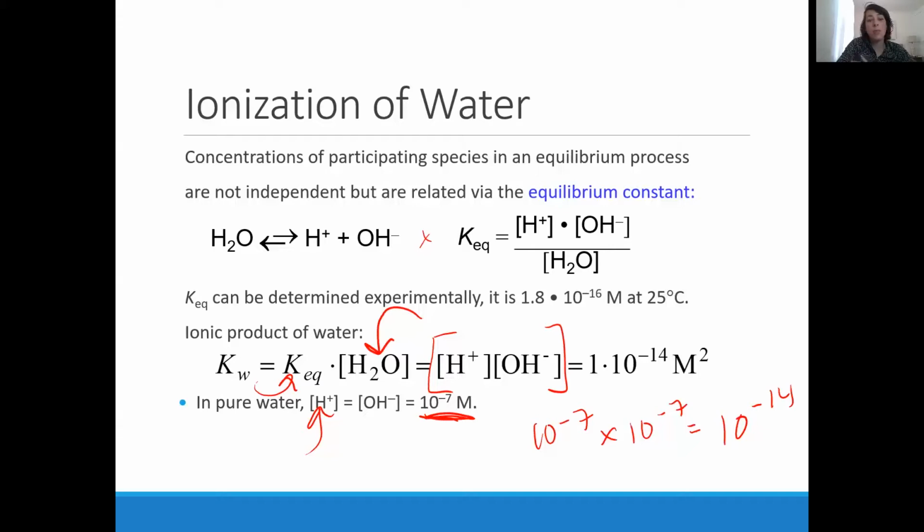This is how we have understood the ionization of water, and thus know that in pure water, there should be a concentration of protons that's equal to 10 to the negative 7th, and a concentration of hydroxide ions that's also equal to 10 to the negative 7th.